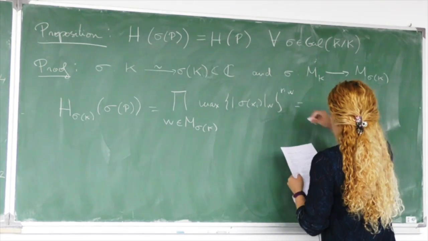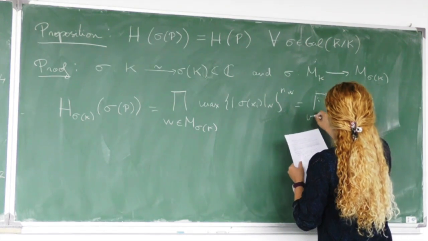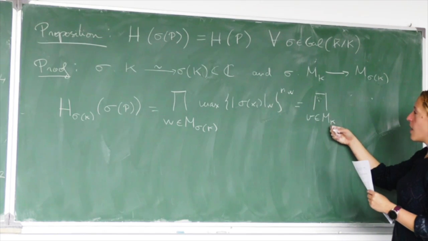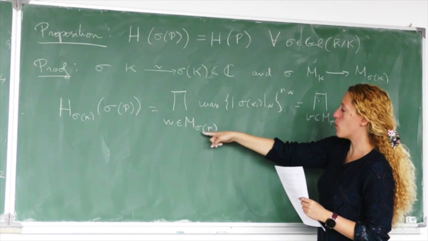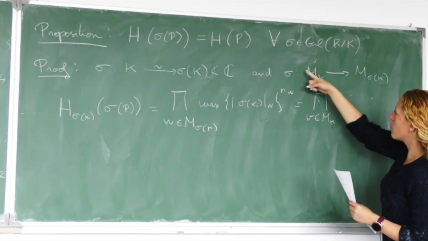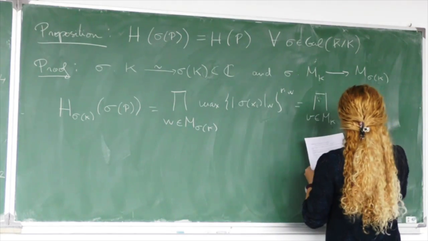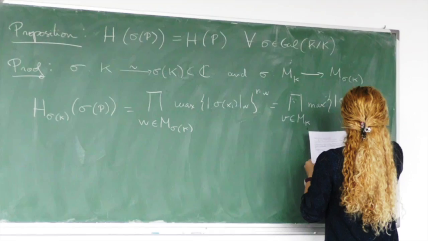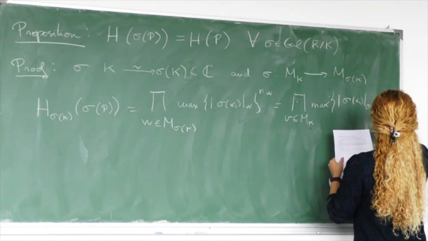Very well. Now we can rewrite this as follows. The product, but this time I'm going to take valuations here, and I'm going to use this isomorphism. I describe each valuation here as its preimage by sigma of a valuation here. So I can rewrite this as the maximum of the absolute value.